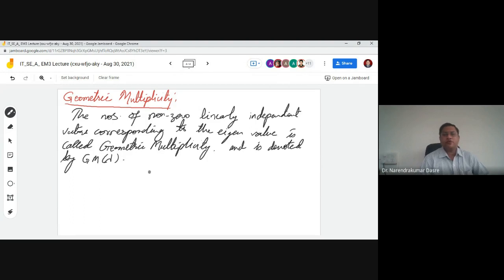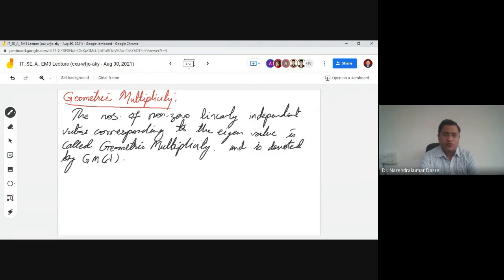It is denoted by GM of lambda. Here we need to understand two things. The algebraic multiplicity we get from the characteristic equation, and the geometric multiplicity we get from how many eigenvectors are associated with the given eigenvalue.